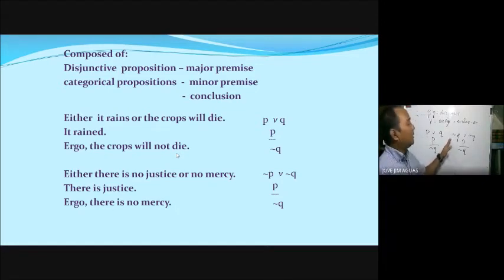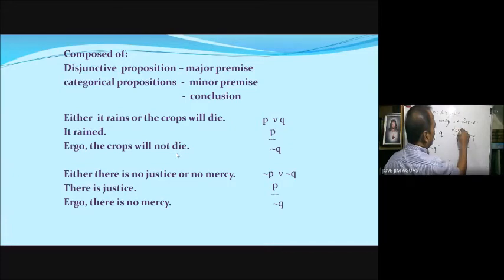Here, either not P or not Q. P, meaning it denies this, therefore it accepts this. So this one is positing, and this one is denying.